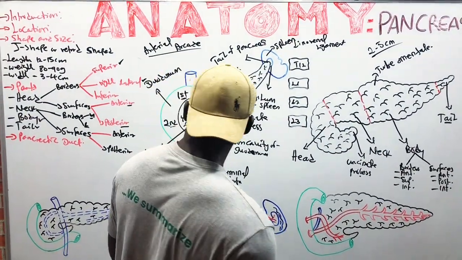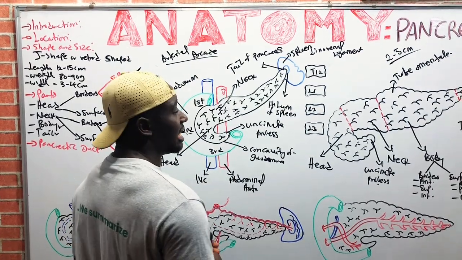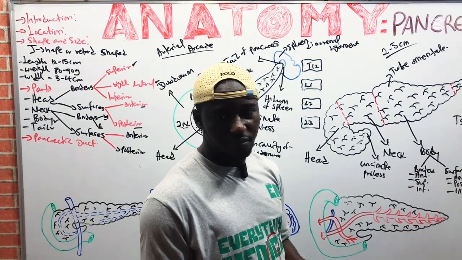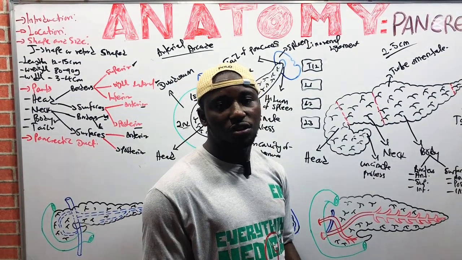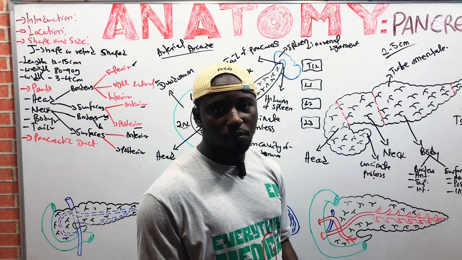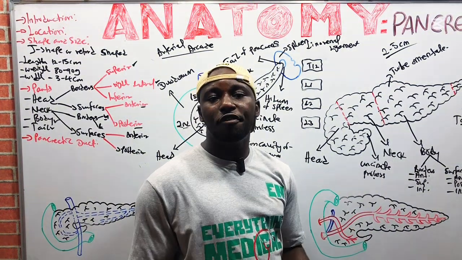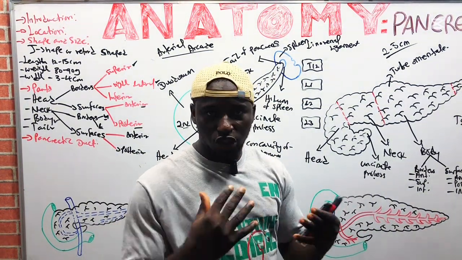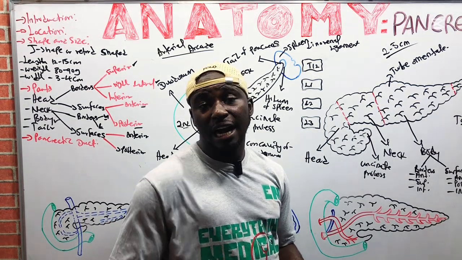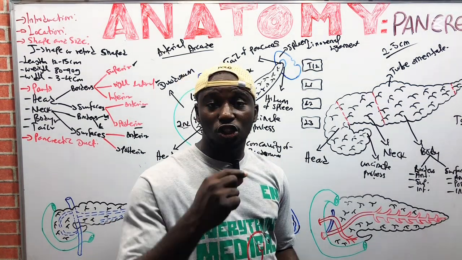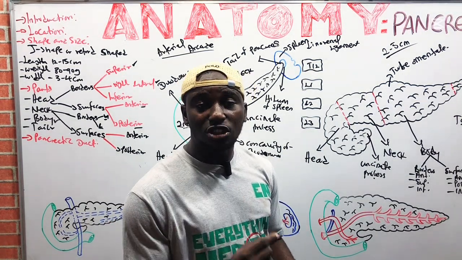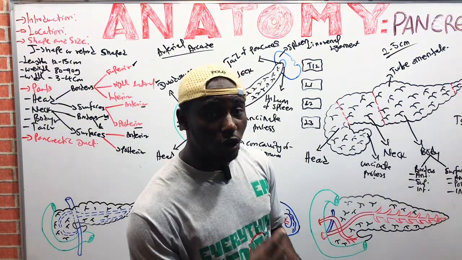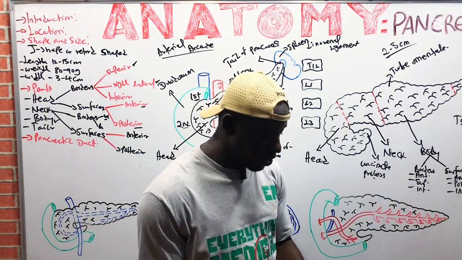The pancreatic duct is so essential for digestion in the duodenum. So we have two pancreatic ducts: the main pancreatic duct, which can be called the duct of Wirsung, and also the accessory pancreatic duct, which can be called the duct of Santorini.